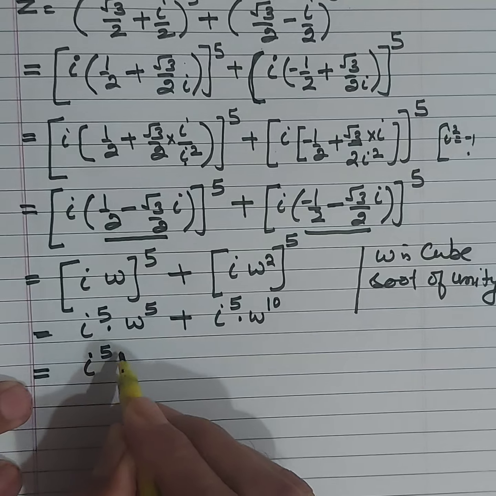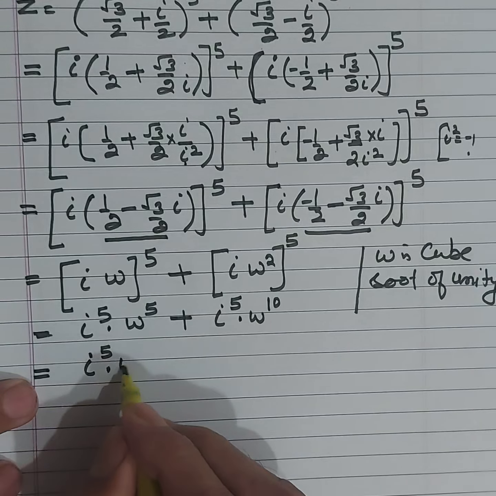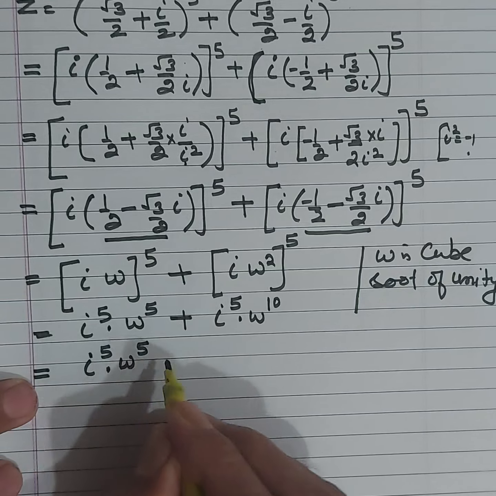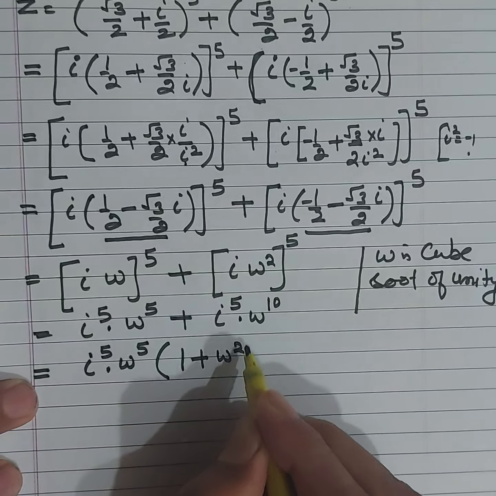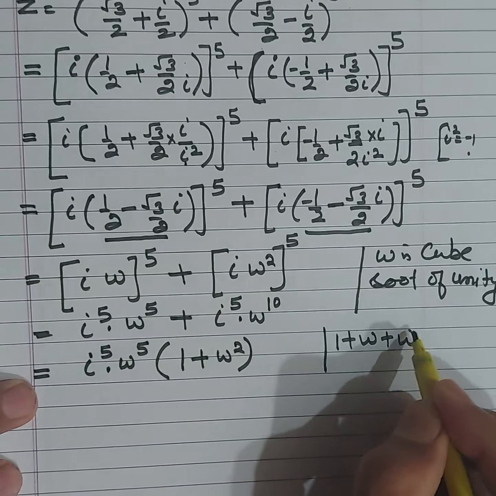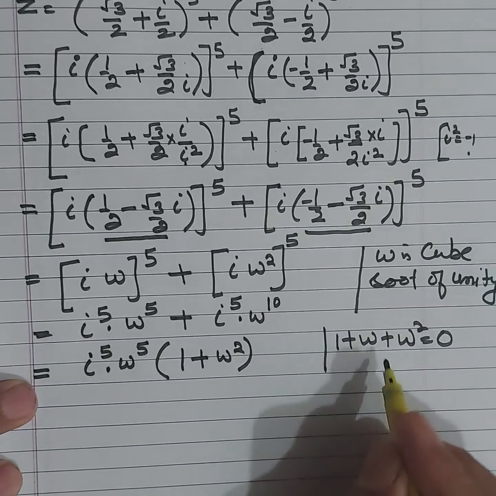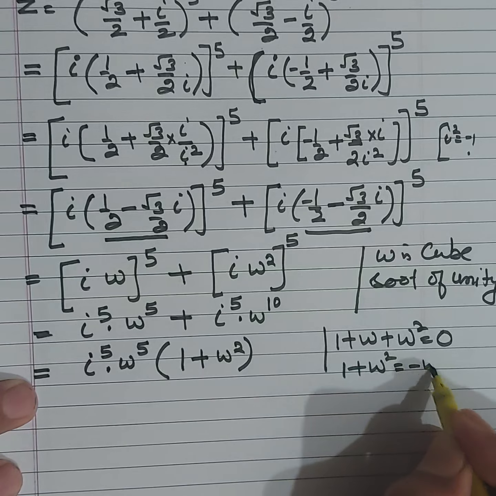i raised to 5 is common here, and omega raised to 5 is common. We get here 1 plus omega square. We know 1 plus omega plus omega square is 0, so 1 plus omega square is minus omega.